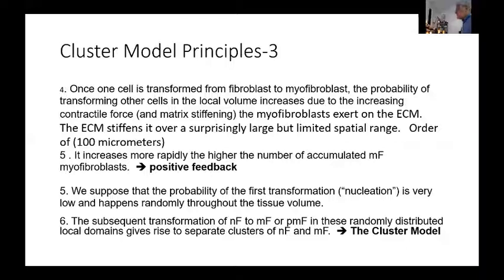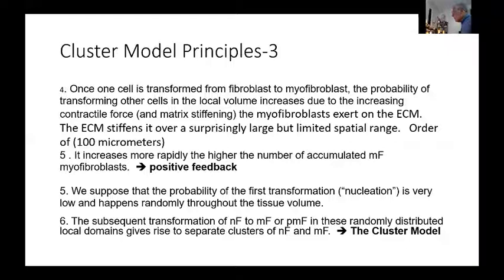And so therefore, I'm supposing that the formation of the first myofibroblast from a fibroblast is much less probable and therefore occurs much more slowly. And therefore, I'm calling that a kind of nucleation process. The nucleation of a cluster is slow compared to the growth of the cluster.